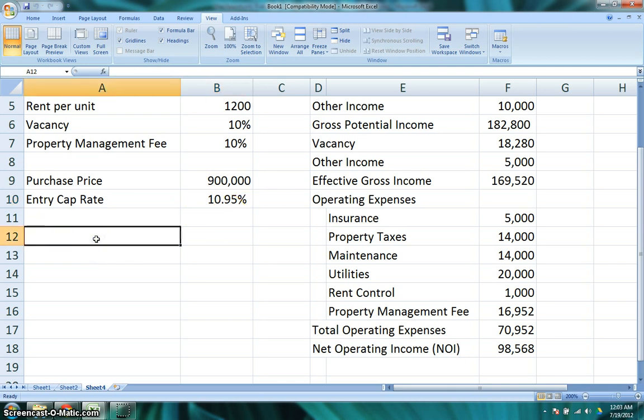Now when you're looking at a cap rate, it's helpful to look at it in reference to the cap rates of other properties in your market.